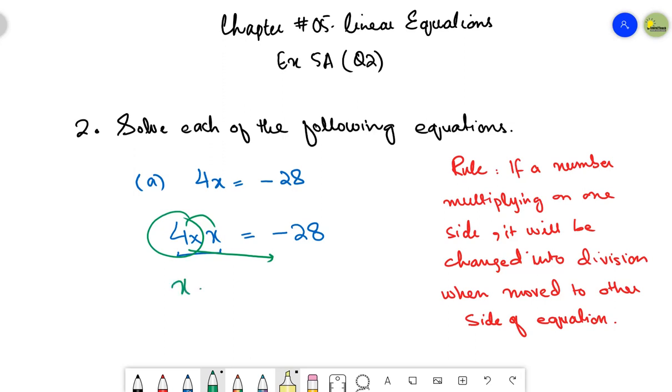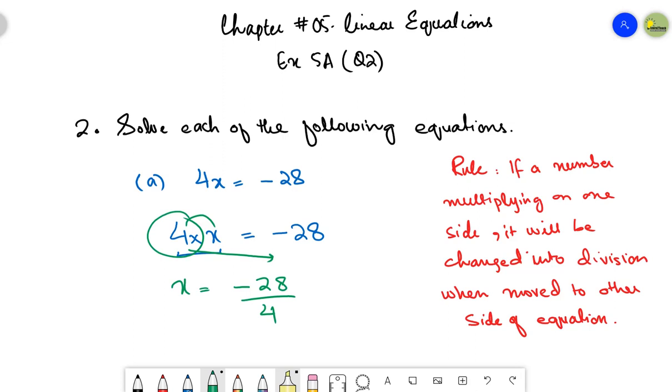So x equals to minus 28 remains the same, and the 4 that is multiplying with x is going to be divided on the other side, or you can say that it will be written in the denominator. Now minus 28 will be divided by 4. So this is the change of the operation.